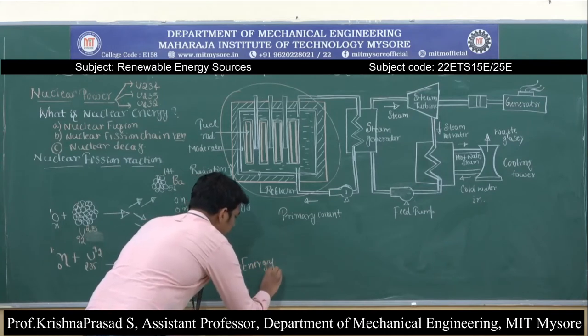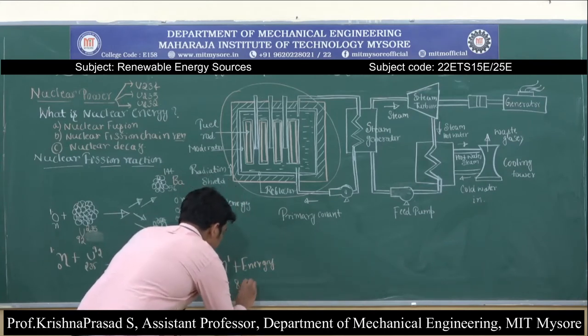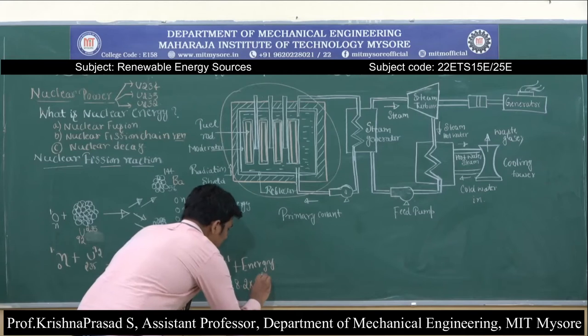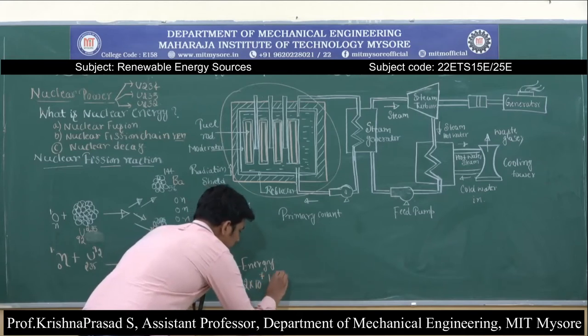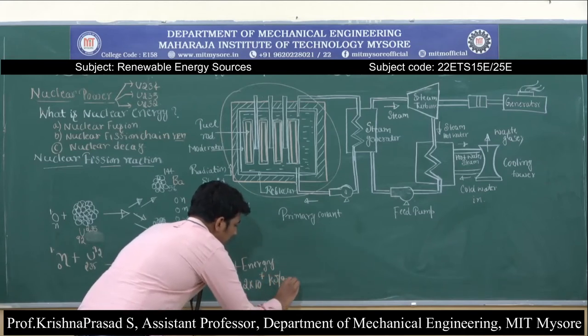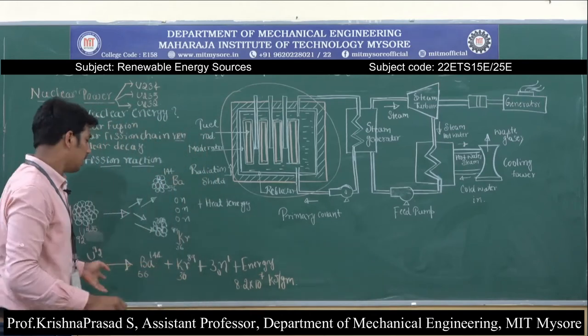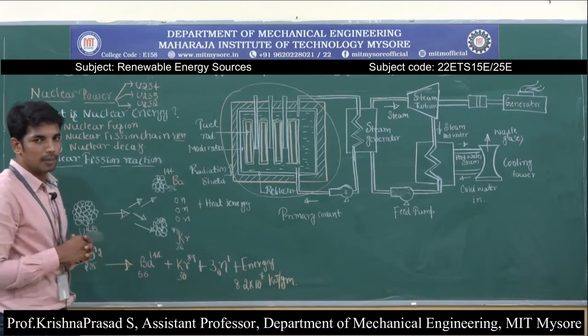The energy liberated in the nuclear fission chain reaction is 8.2 into 10 to the power of 7 kilojoules per gram. So a very high amount of energy is liberated.